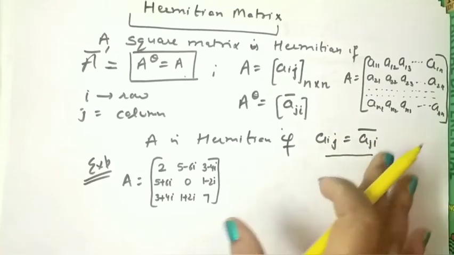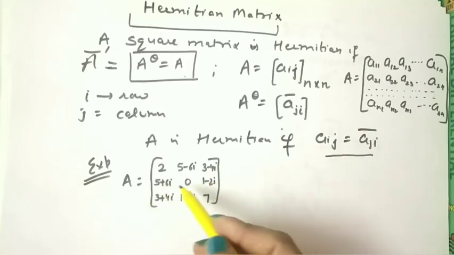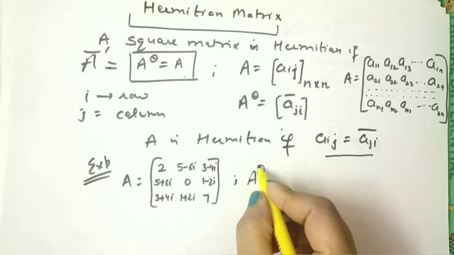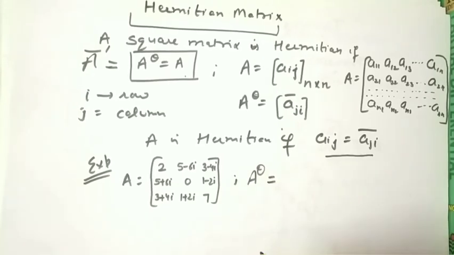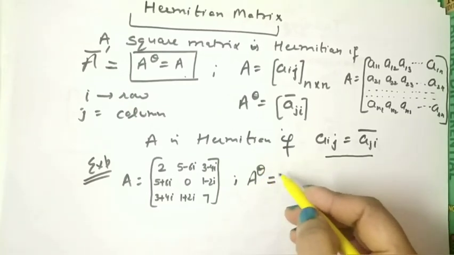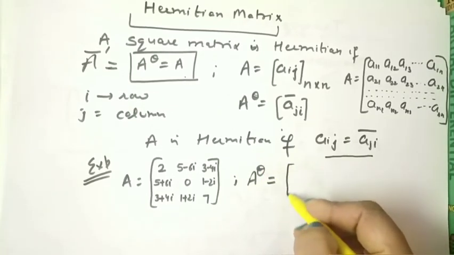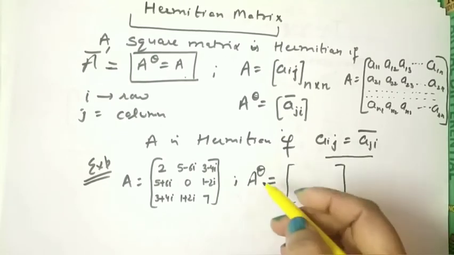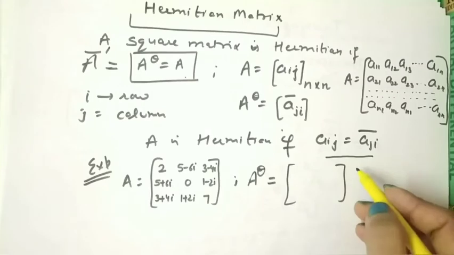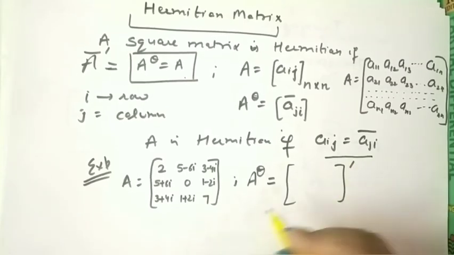Now we can have this example, let A be this. We check whether A theta is equal to A or not, because that will give us the Hermitian matrix if A theta is A. Because we need two operations, we first apply the conjugate and then the transpose.